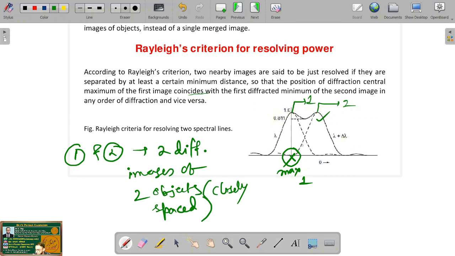So they are coinciding, and vice versa, means diffraction max of the second image coincides with diffraction minima of the first image for any order, suppose for order n. So the first image is having wavelength lambda, the second image is lambda plus delta lambda. So if this condition is satisfied, then it is called Rayleigh criteria for resolving power.